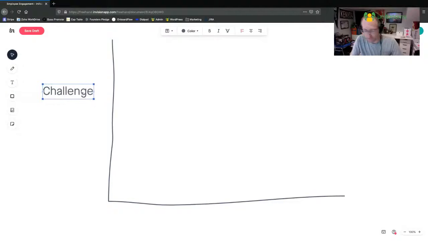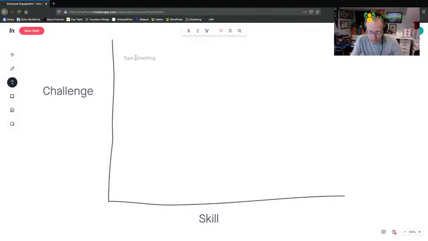Make that nice and big so you can see it. And down here, I want you to think about the skill of the player. When someone plays a game, if their skill is really low but the challenge is really high, they're going to get frustrated. Challenge is up here: challenge is high, skill is low, and they get frustrated.